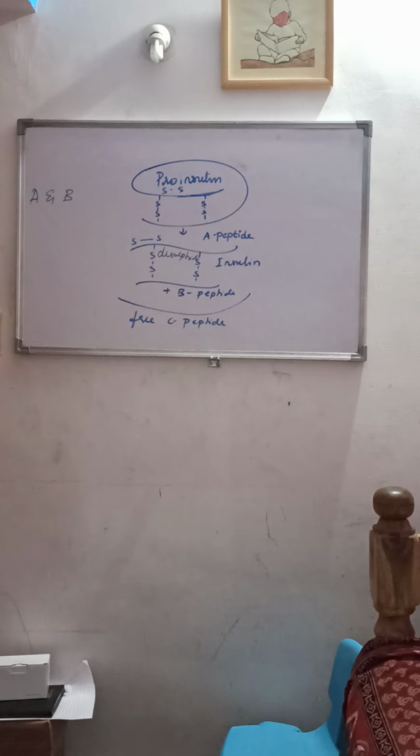The A and B chains are extracted and combined by creating what? Disulfide bonds to produce the active insulin. So this is all about the synthesis of human insulin through genetic engineering, right? See how useful it is to mankind.